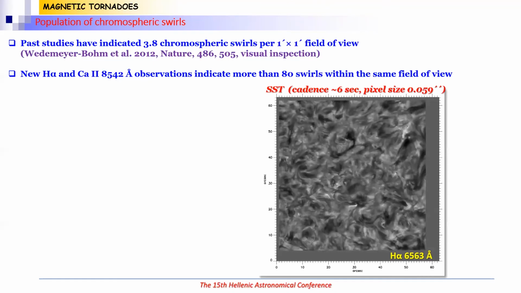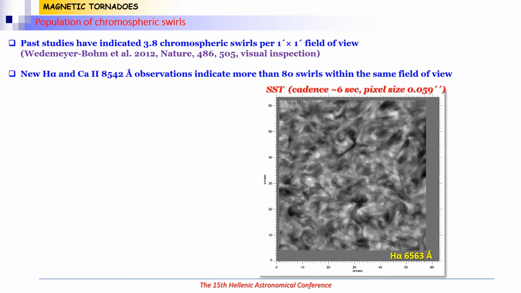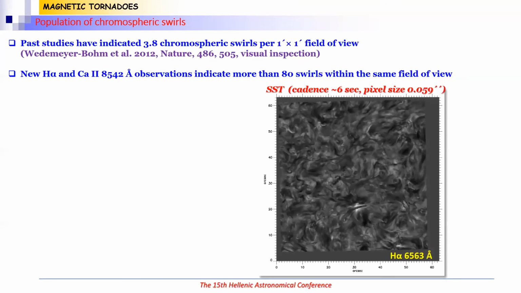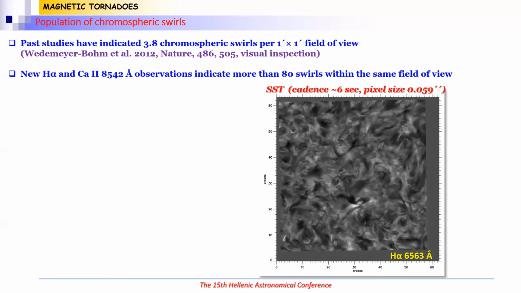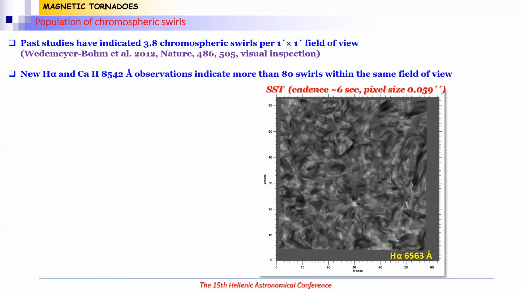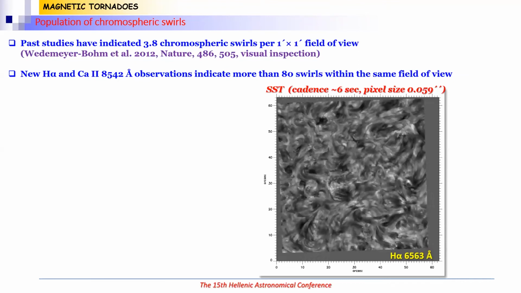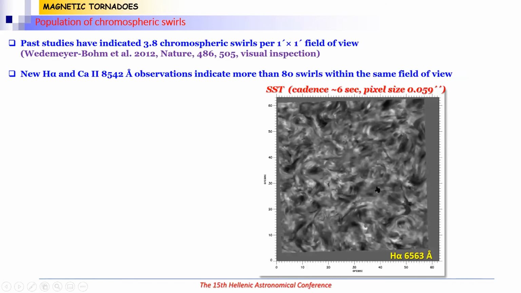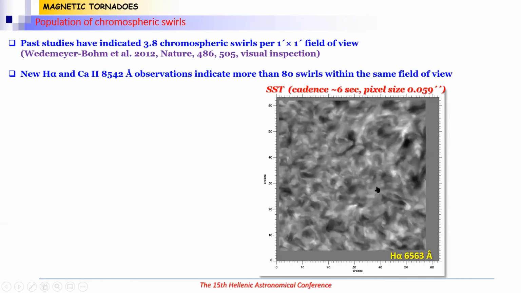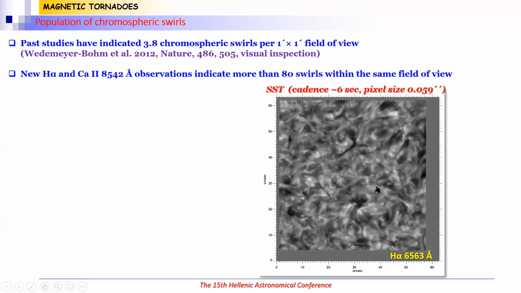We have acquired some new observations with the SST telescope last year, and these observations, taken simultaneously in the H-alpha line and the calcium 8542 line, indicate that there are more than 80 swirls within the same field of view. You can see in this very beautiful image that the whole field of view shows these little vortex motions.